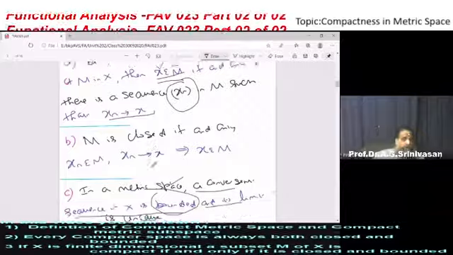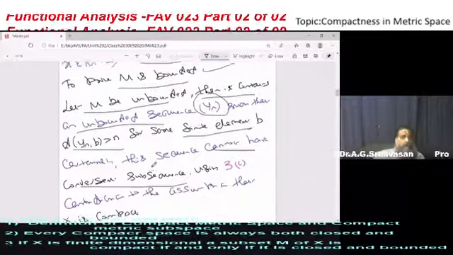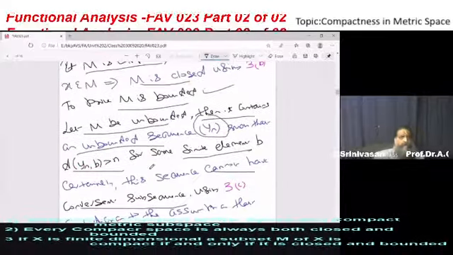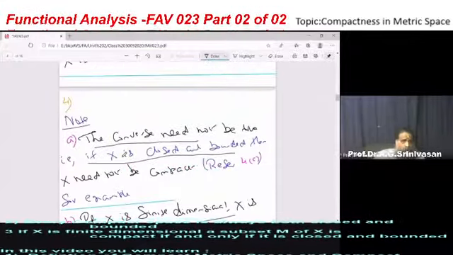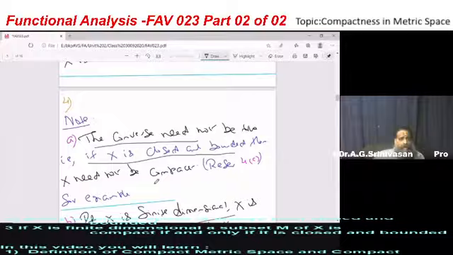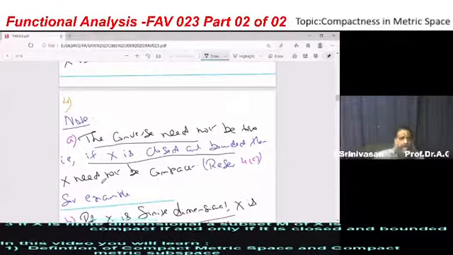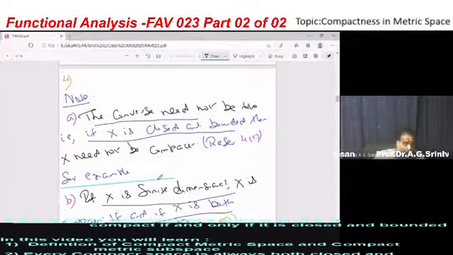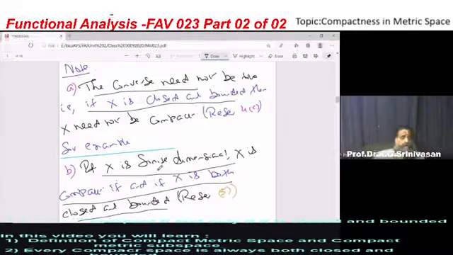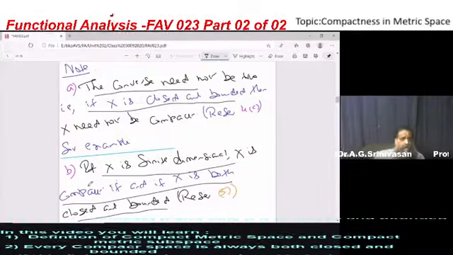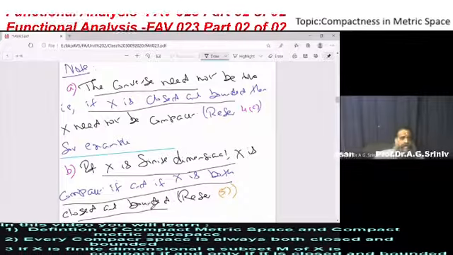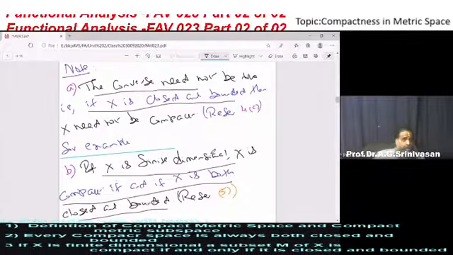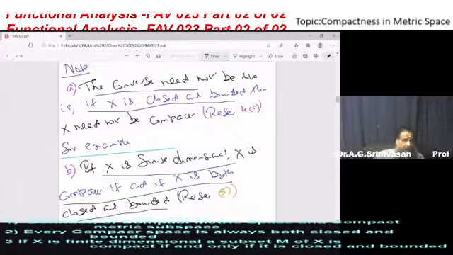And further, we are going to show by means of an example that the converse need not be true: if it is closed and bounded, it need not be compact. But in a finite dimensional normed linear space, compact implies closed and bounded, and closed and bounded implies compact. This is what you're going to show in 5. We will see that after a few minutes.